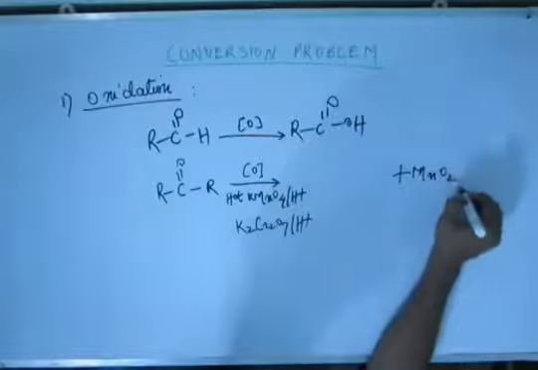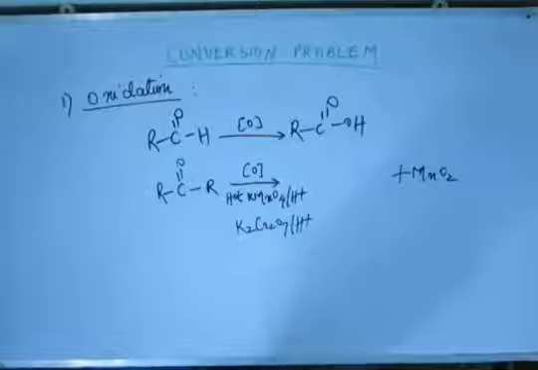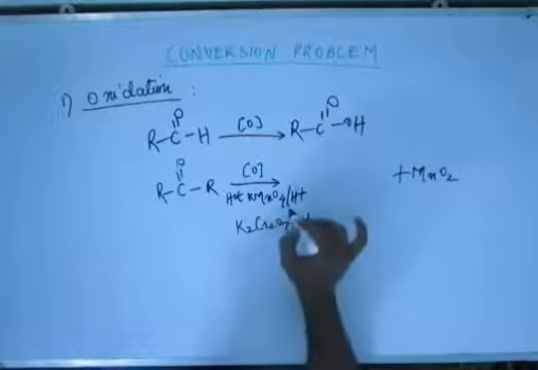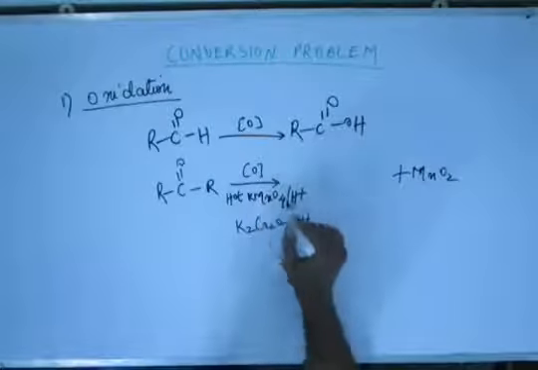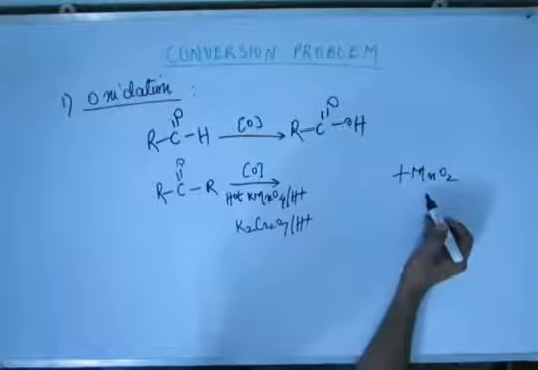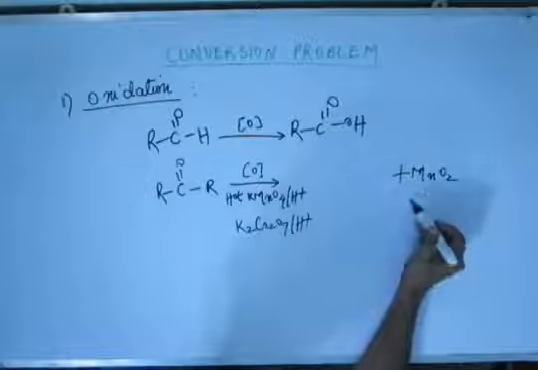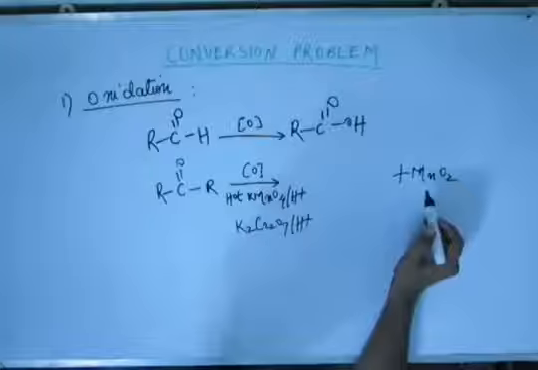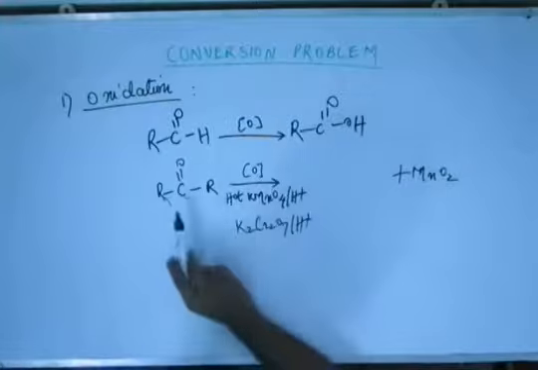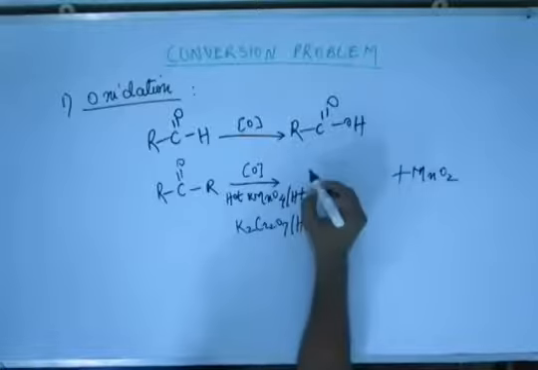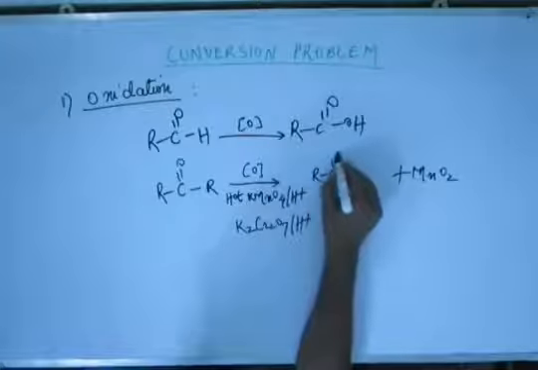It forms MnO2. In MnO2, manganese has +4 oxidation state. In KMnO4, it has +7. So the oxidation state has decreased. That means it has gained some electrons. So in turn, reduction of KMnO4 has taken place. So someone has to get oxidized, and that someone is this ketone. This ketone gets oxidized to form carboxylic acid.